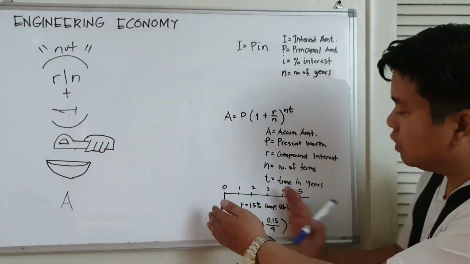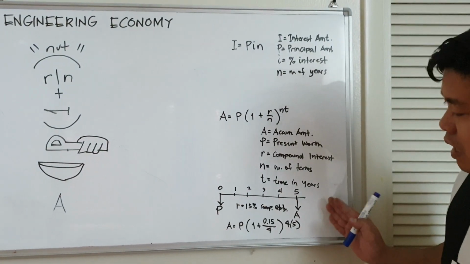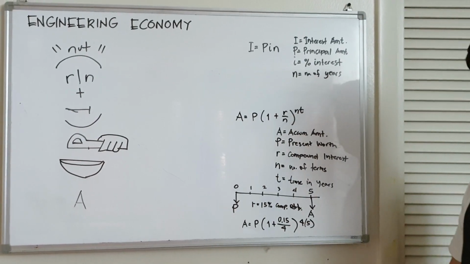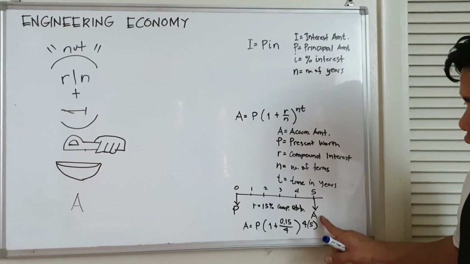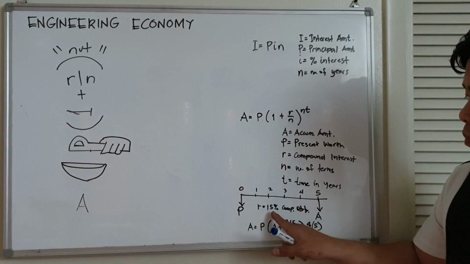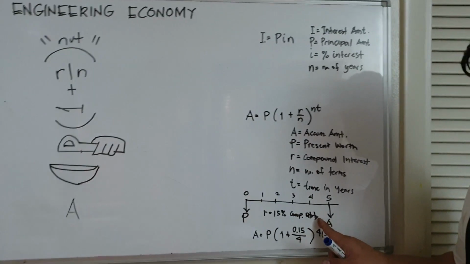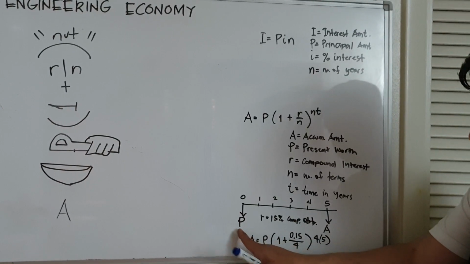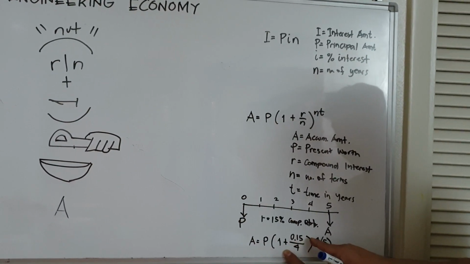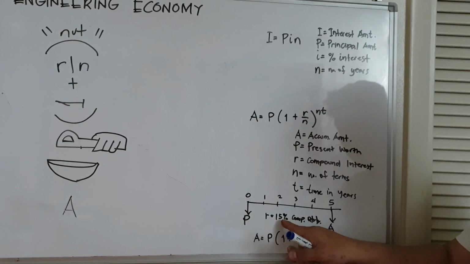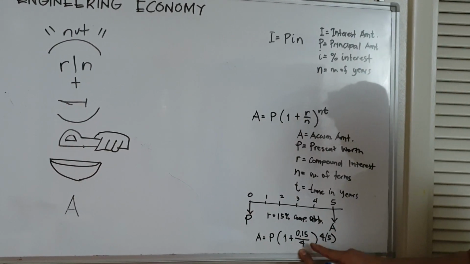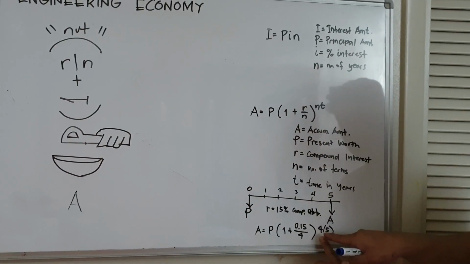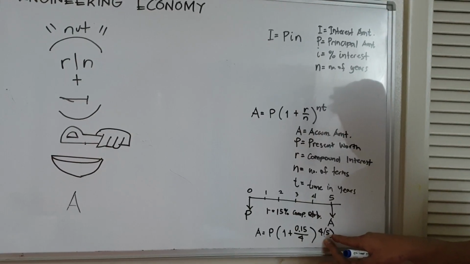So if you want an example, this is how you draw it, right? P is the present amount of money, and A is the accumulated amount at the end of the term. R is, say for example, 15% compounded quarterly. So if I write this, A is equal to present worth times 1 plus 0.15, the percentage rate in decimal, divided by 4 because this is quarterly, and then the total number of terms is NT, 4 times the number of years, which is 5.